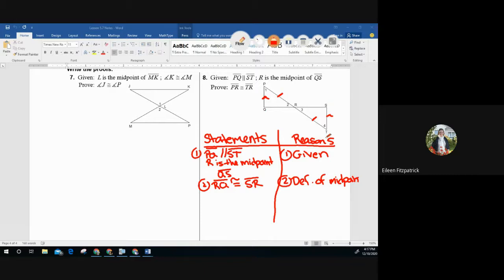So if those lines are parallel, that means that angle 1 is alternate interior and congruent to angle 4. It also means that angle Q is congruent to angle S. So I get 2 congruency statements out of 1 piece of information. So I'm going to list them both. Angle 1 is congruent to angle 4, and angle Q is congruent to angle S. And that's all based on parallel lines imply alternate interior angles congruent.